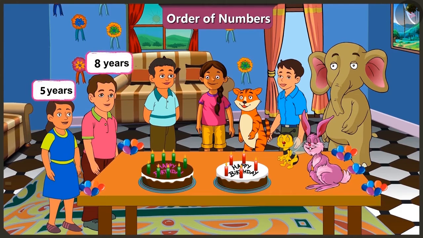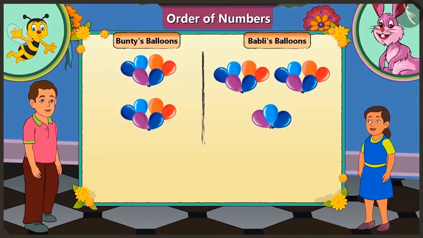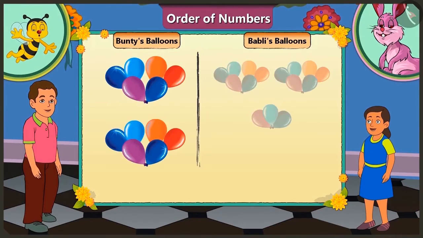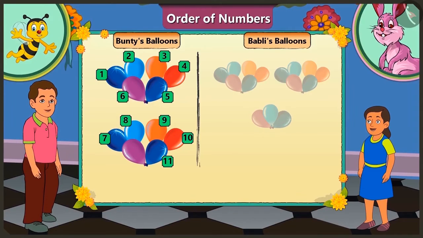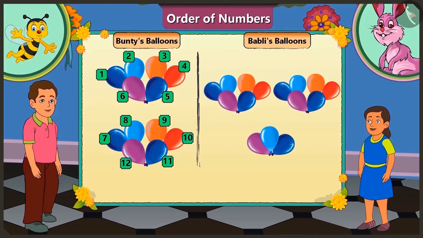Oh yes, you are right. Honey, can you tell me how many balloons do Bunty and Bubbly have with them? Bunty has 1, 2, 3, 4, 5, 6, 7, 8, 9, 10, 11 and 12 balloons.